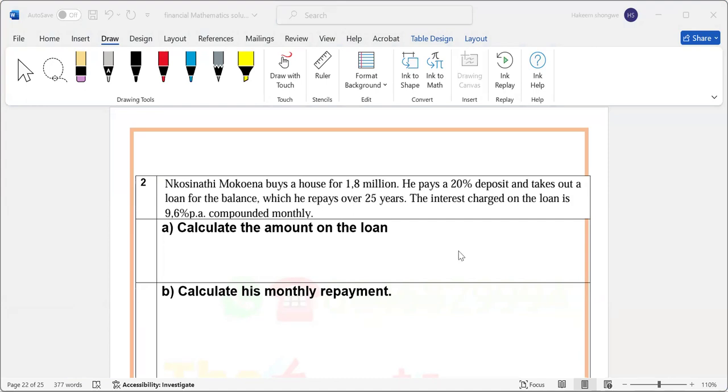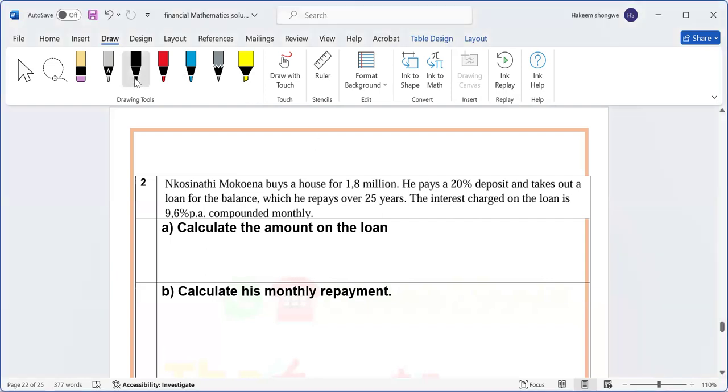Now, Nkosinathi is buying a house which costs 1.8 million, but he's not going to take out a loan of the full 1.8 million. How do we know that? We know that because Nkosinathi is going to pay a 20% deposit.